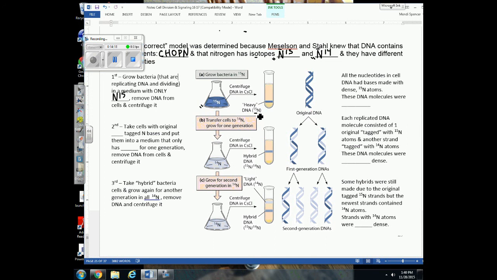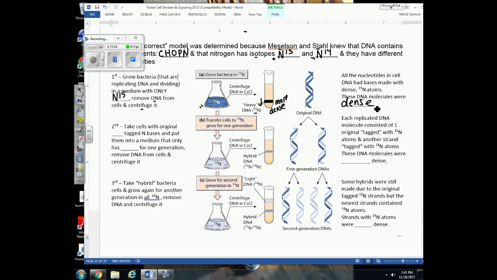We can remove that DNA from the cells and spin it in a centrifuge, and I'll show you one in class. When we have molecules in a tube and we spin them, these molecules will actually separate out into different columns, and the more dense molecules will go towards the bottom. So when they centrifuged all this DNA from these bacteria cells, they got these bands at the bottom of the centrifuge tubes, showing that they had some pretty dense DNA.